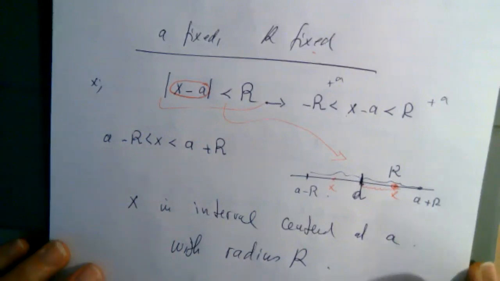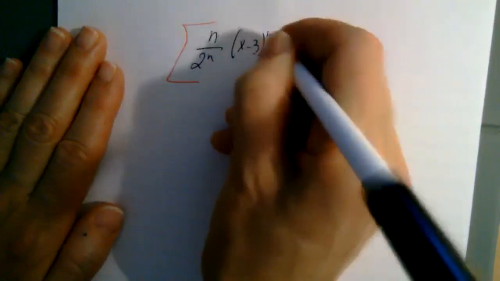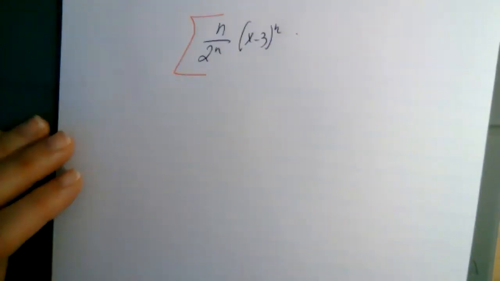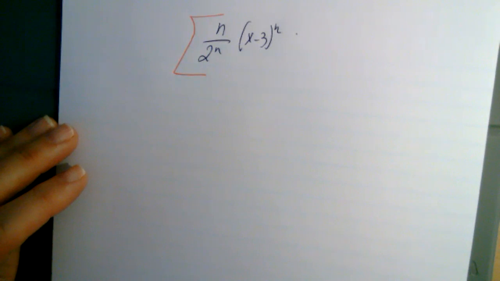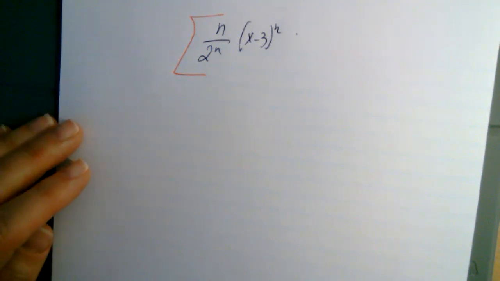Now, with this being said, the second example, which I will just highlight a little bit and you guys will read it and do the homework, is the following. Suppose I ask you the following question. Let me take the following series, the one I just wrote a minute ago, which is n over 2 to the n times x minus 3 to the n. And I ask you for which values of x this will converge. It's actually the same thing.